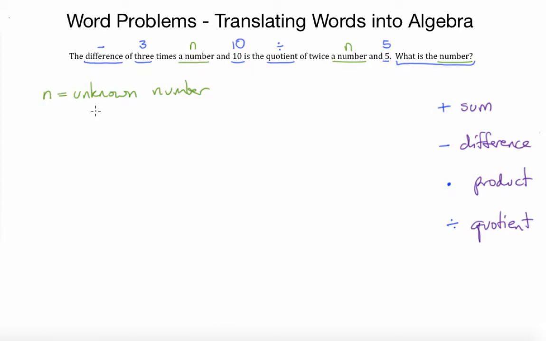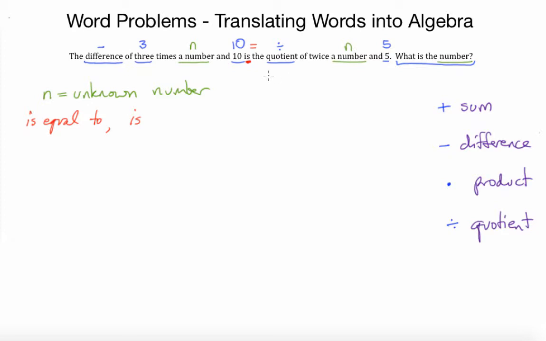If this is something I can solve, there should be an equal sign. So we're looking for the words is equal to, or sometimes it's just is. In this case, the difference of 3 times a number and 10 is, right there, there's the is, that's my equal sign. That is the quotient of twice the number and 5.